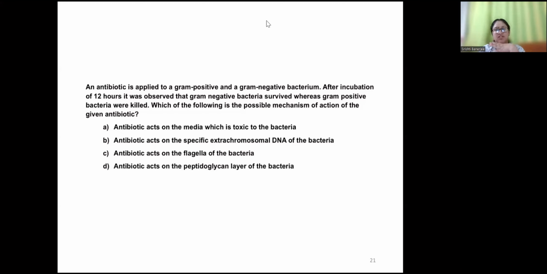What is the composition of this outer lipid layer, or what are its constituents, that give the bacteria an added advantage? Any idea? Anyone?